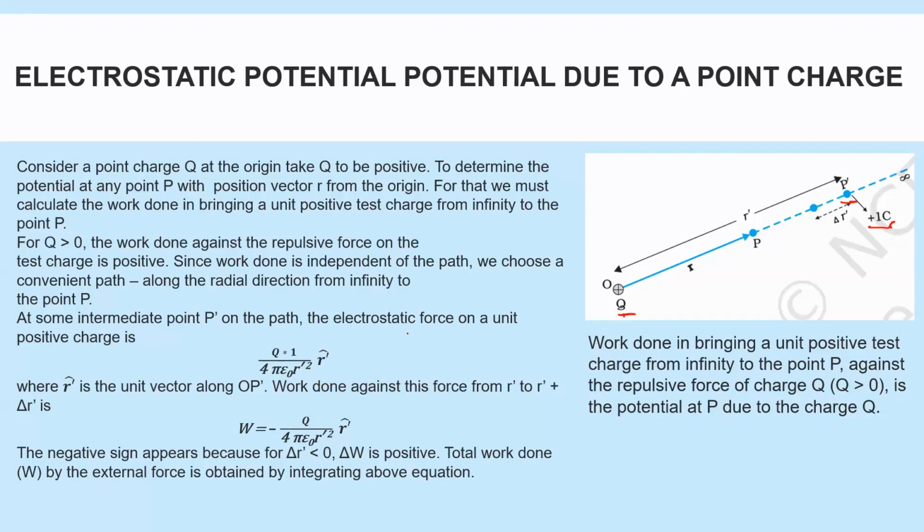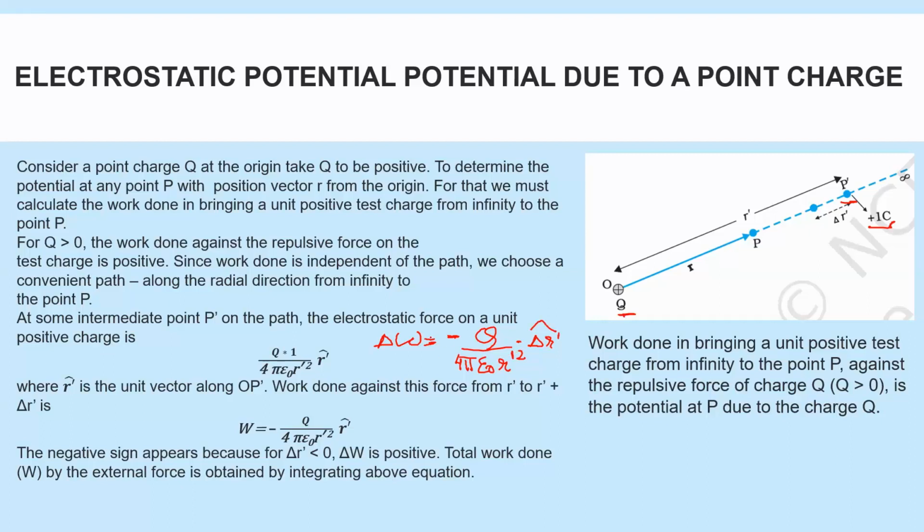If we are considering del W, del W is going to be minus Q by 4 pi epsilon 0 R prime square, multiplied by del R prime, the unit vector.